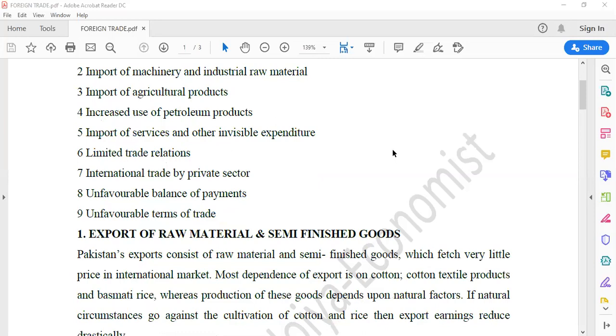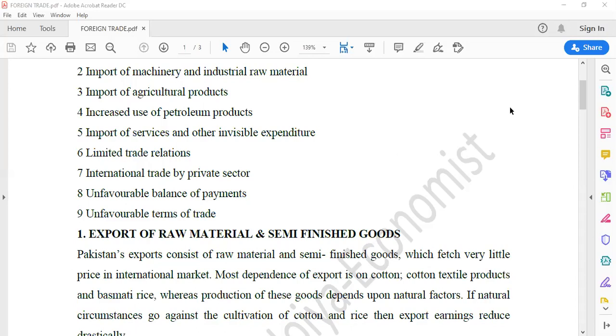Fourth is increased use of petroleum products. As you all know, oil and petroleum products are used everywhere in the economy. Transport, industry, agriculture, each and every sector of the economy uses these petroleum products.